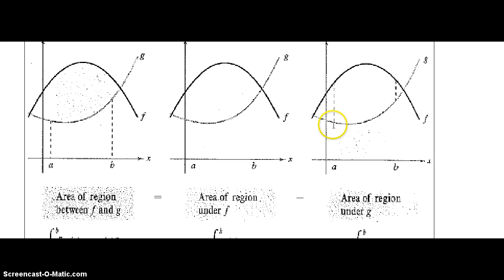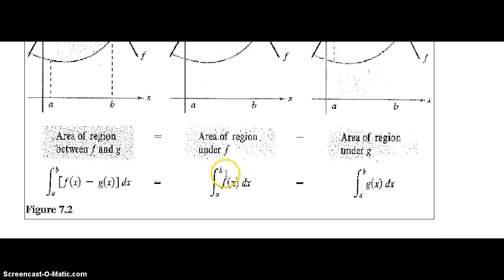And then if we separately took the area of the region under g from a to b, that would be the area underneath here. So if we took the area under f and subtracted the area under g, it would give us the remaining area between the curves. So, to find the area between two curves, you take the integral over the region of the top curve minus the bottom curve.